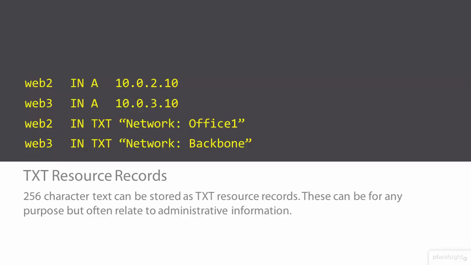And these strings can be up to 256 characters in size. So we can put any text that we like, but it then just becomes a note or a description, if you like, behind it. So we could retrieve these text records or TXT records, and they will let us know the purpose of that interface. Of course, so long as they've been populated.